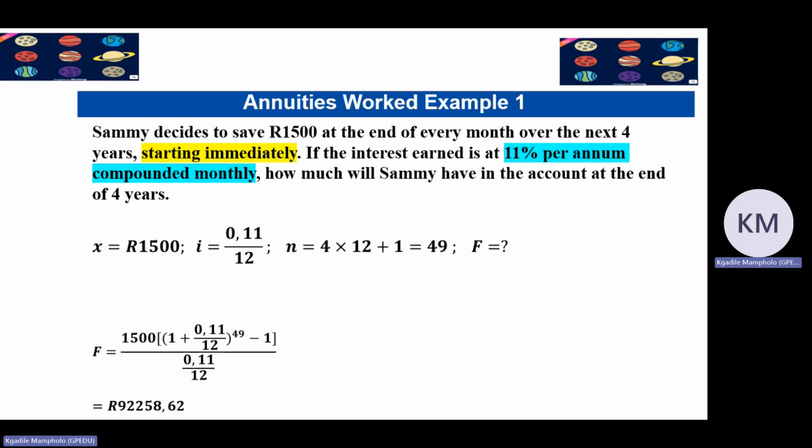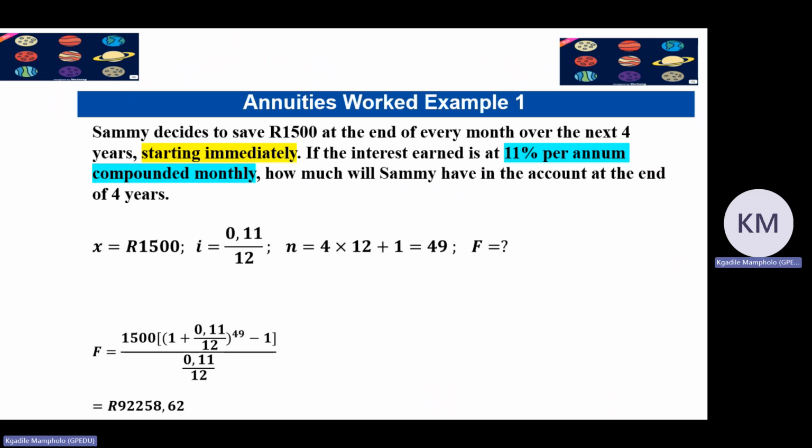But now, if you look at the words, there's a phrase, starting immediately. It means in the first month, 1,500 was deposited twice, at the beginning of the month and at the end.